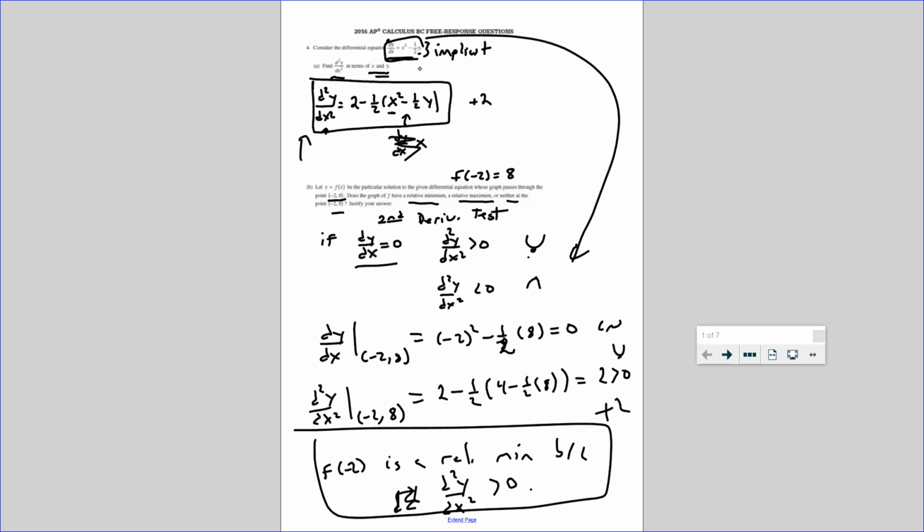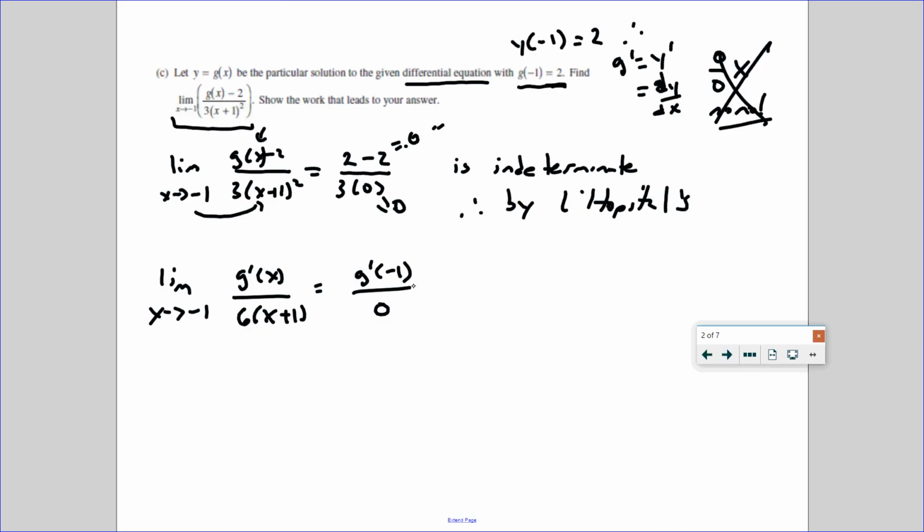And so if we plug that in, oops, sorry, I got my pen stuck here. If we plug that in, g prime of -1, this top here becomes 0 again, and the bottom is still 0. So this is, again, indeterminate.